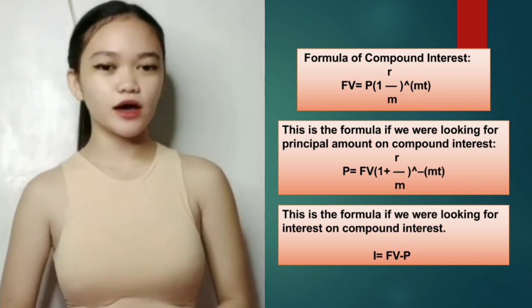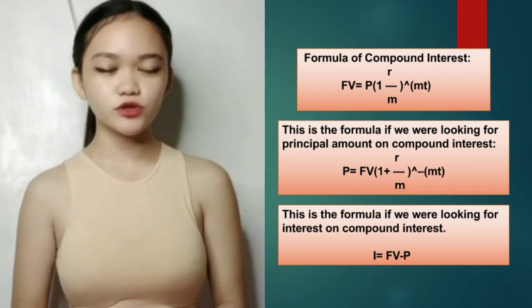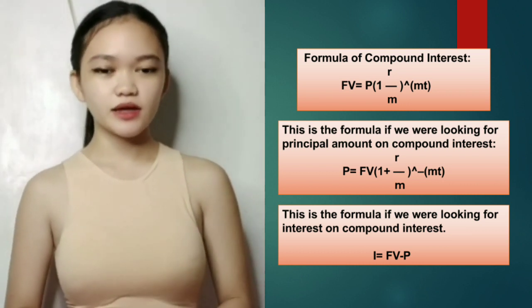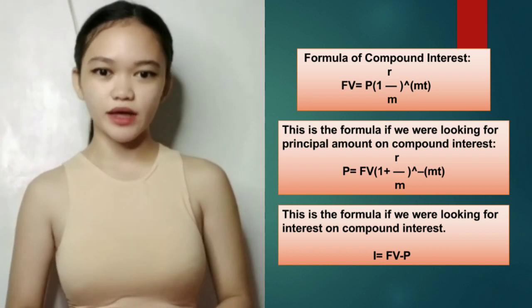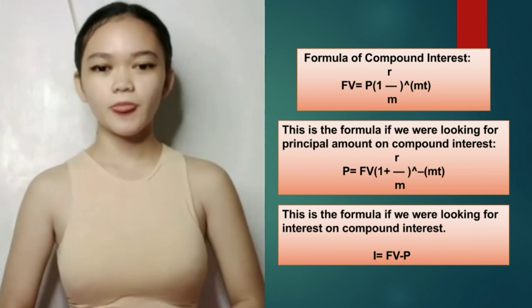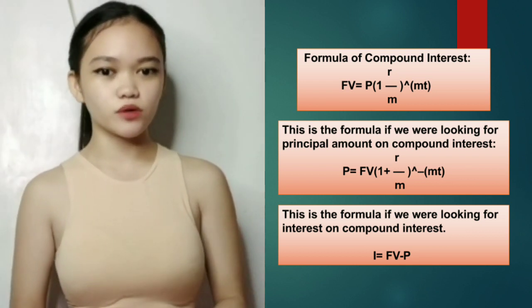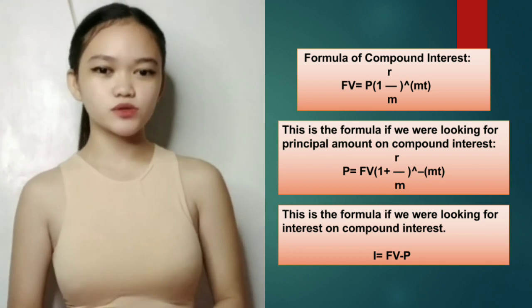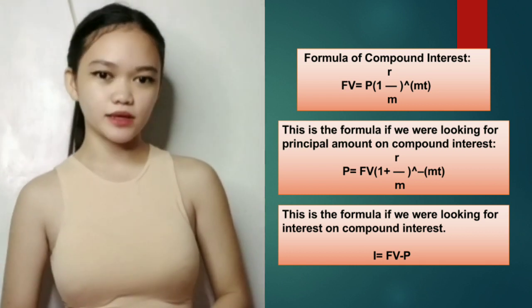And this is the formula if we are looking for the principal amount in compound interest. P equals FV times 1 plus R divided by M raised to the negative M times T power. And this is the formula if we are looking for interest in compound interest. I equals FV minus P.